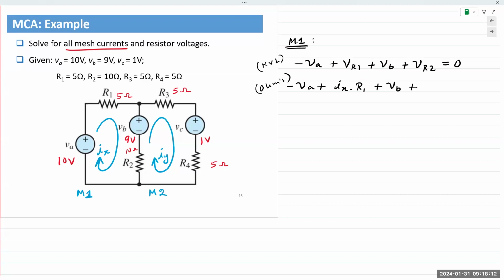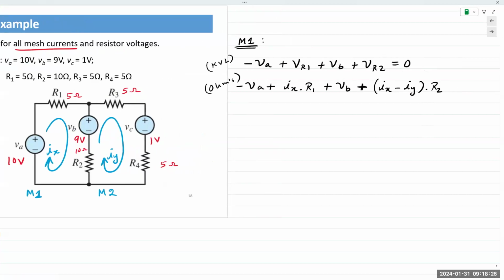And VR2 is a result of 2 mesh currents, Ix minus Iy times R2 equal to 0. Okay, Ix minus Iy times R2.